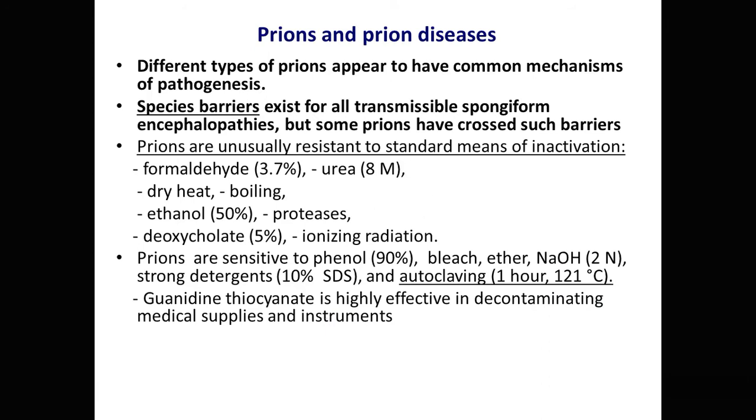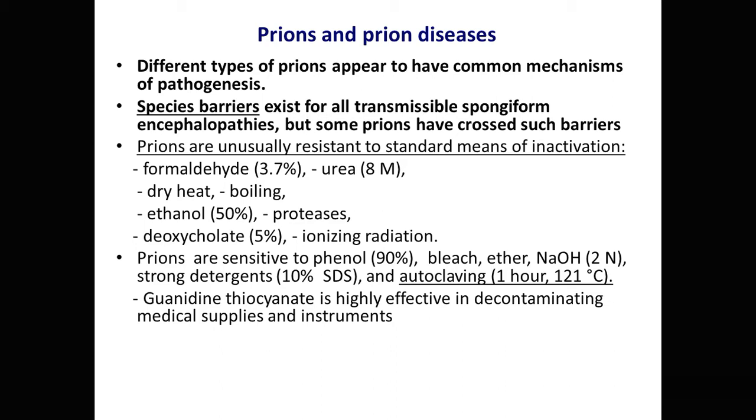There can be different types of prions, but the mechanism of pathogenesis is the same. Some prion diseases have species specificity, but some have crossed the species barrier, and from animals, these prions can be transmitted to humans. Prion diseases can be genetically determined, and they occur in families.